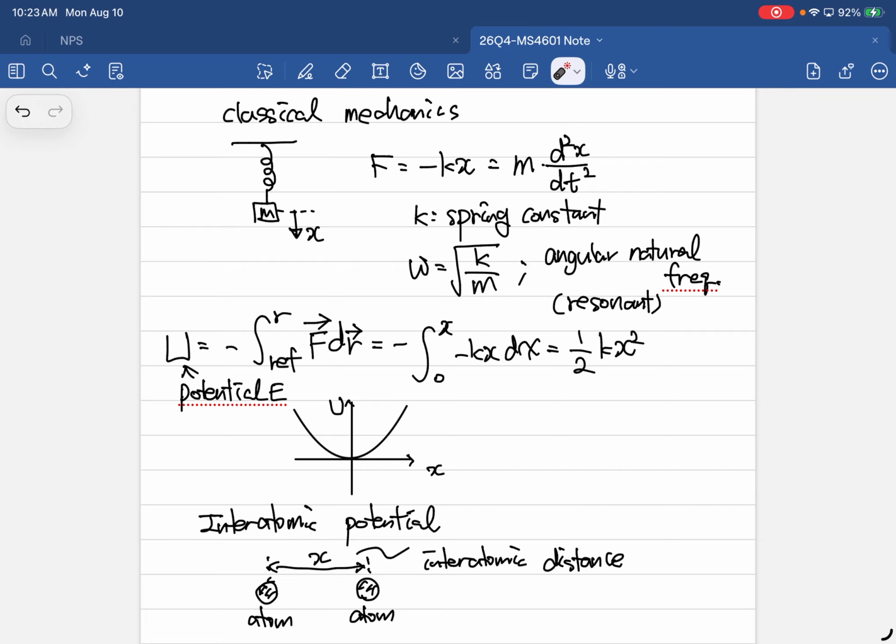This can also be understood as a mass, and then there is some interatomic force. That force can be represented by a spring, in the sense of a mass spring system. So that is simply a harmonic oscillator.